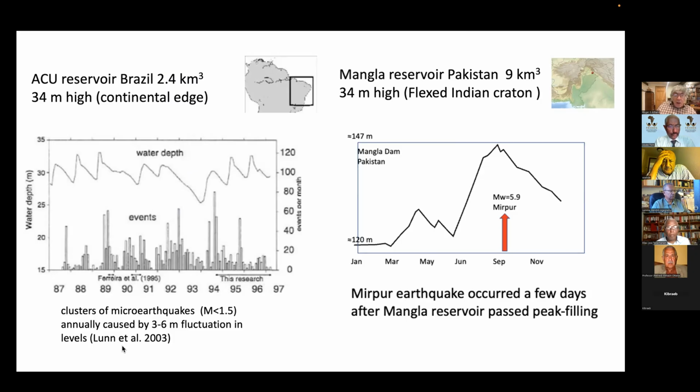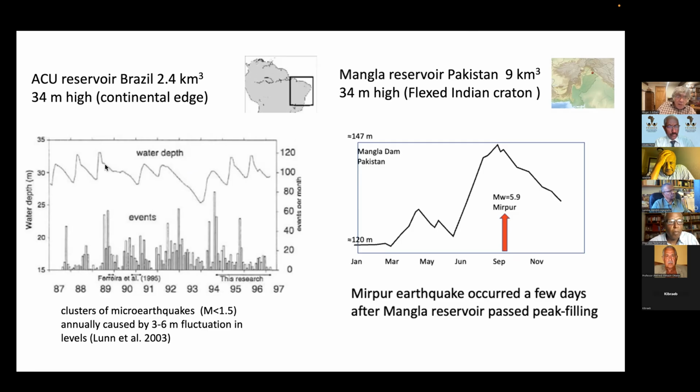And yet, in this case, this is the Açu earthquake reservoir in Brazil. It has a volume of only 2.4 cubic kilometers, 34 meters high. And every time you get to above the 100-meter level, this is events per month, the water depth here is quite small, but every time you get to some maximum level and then reduce the pressure, you get earthquakes occurring.